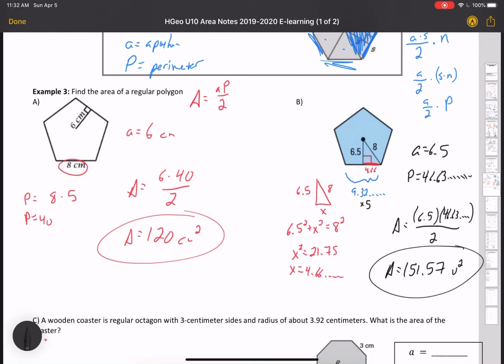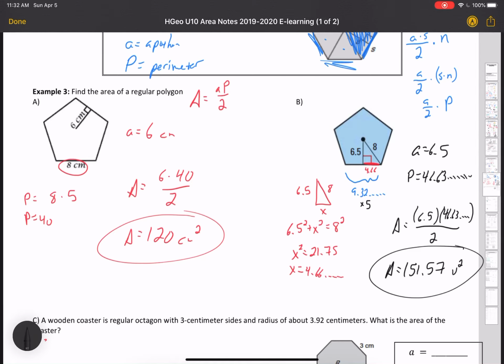Okay, so that one's a little bit more work, and we want to make sure we're not rounding until the very, very end. Use your calculator's memory for your benefit, so you don't have to type in all those numbers, but you want to make sure you're not rounding too early.